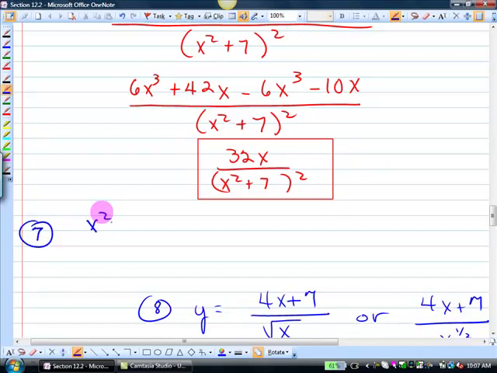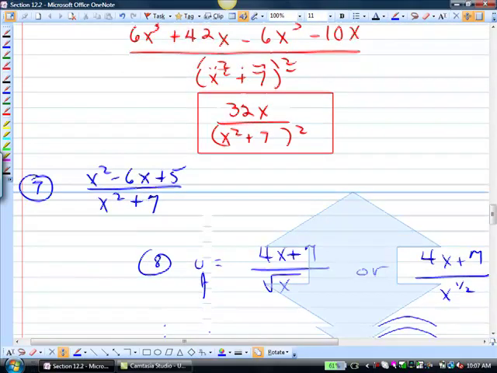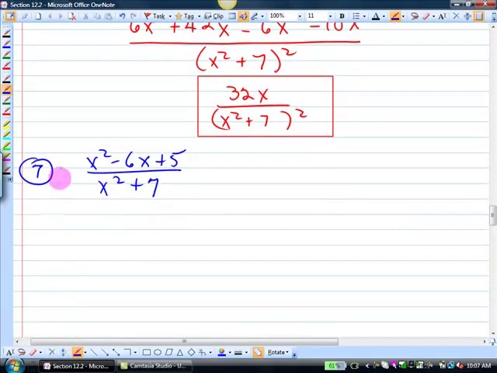Okay, x squared minus 6x plus 5 over x squared plus 7. Okay. All right, no different. Is this y equals? Okay. So y prime is equal to x squared plus 7 times, now what's the derivative of that top part?